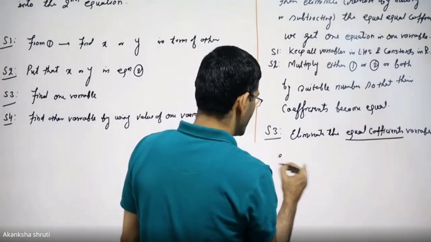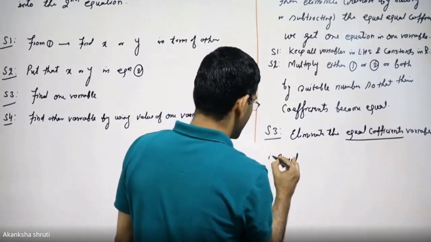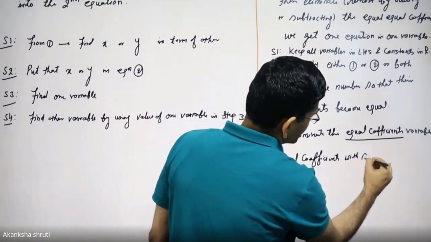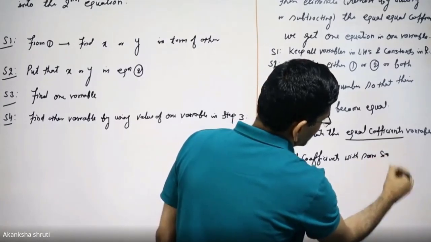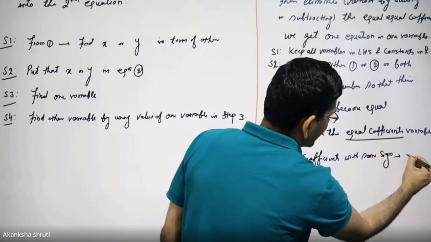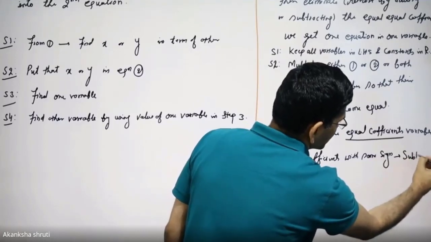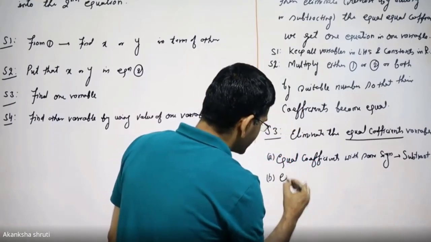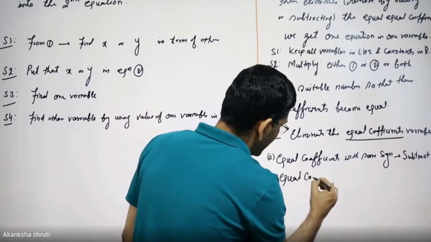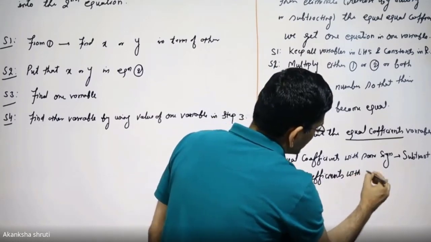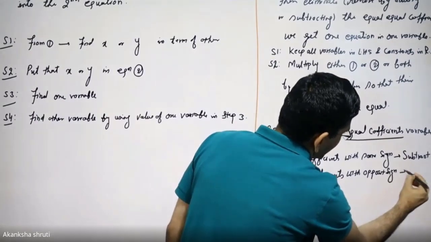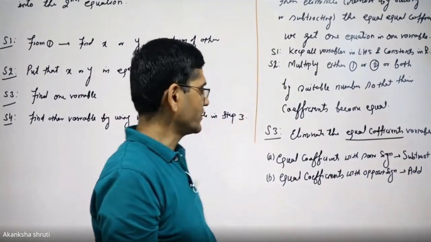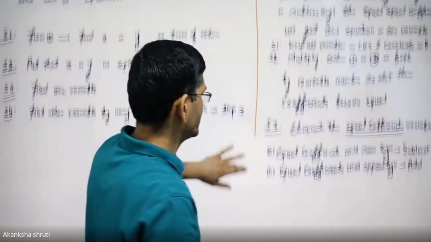So equal coefficients with same sign, यदि आपने ऑब्जर्व किया कि इक्वल कोएफिशिएंट्स है, साइन सेम आ रहे हैं, then you need to subtract them. But if you are getting the equal coefficients with opposite signs, when their signs are opposite, you need to add it so that on adding they will get cancelled. Okay, yeah. So this is what the step.